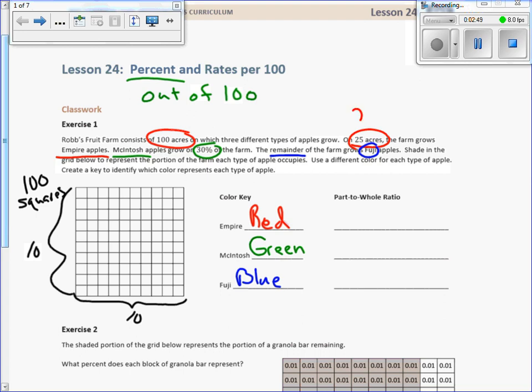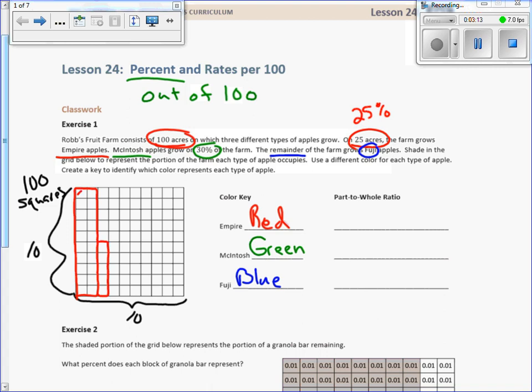Each acre is a square, so I want 25 squares for Empire apples in red. This section here is 10 times 2, which is 20, and then 5 more: 1, 2, 3, 4, 5.